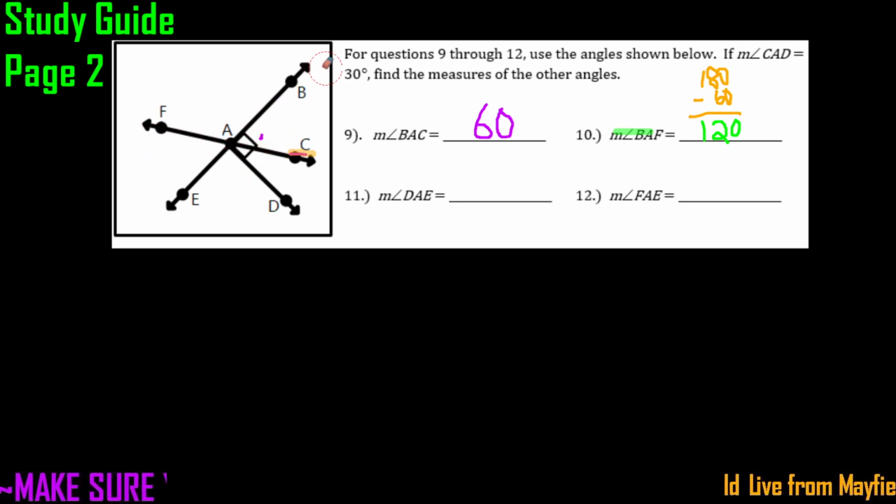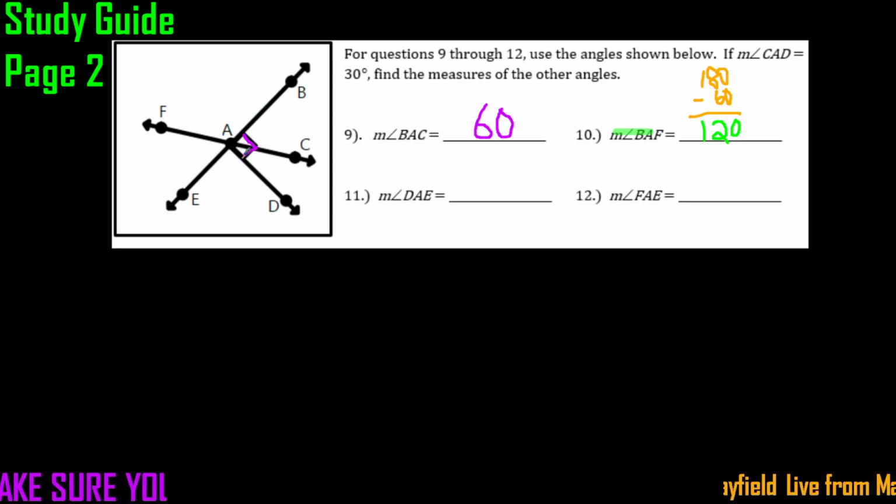Alright, so now for angle DAE, let me use a different color here. I know that this angle here, I used it before, let me highlight that again. I said angle BAD is 90 degrees.